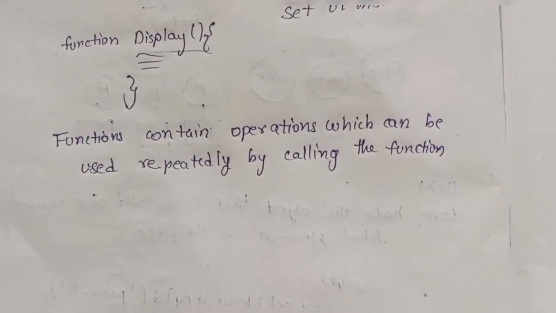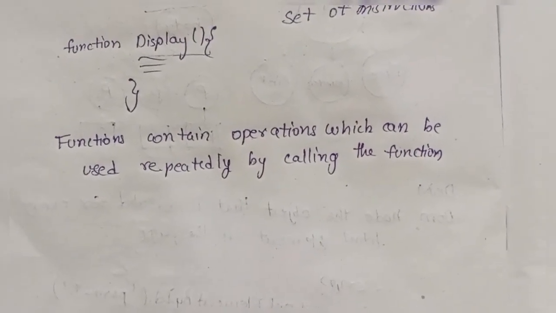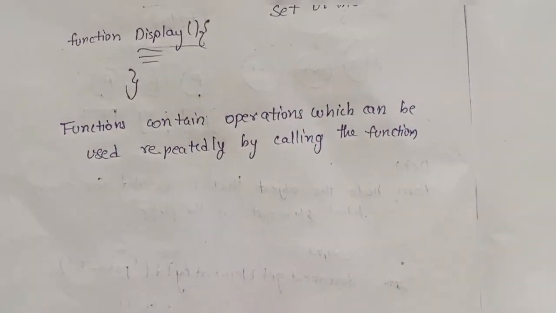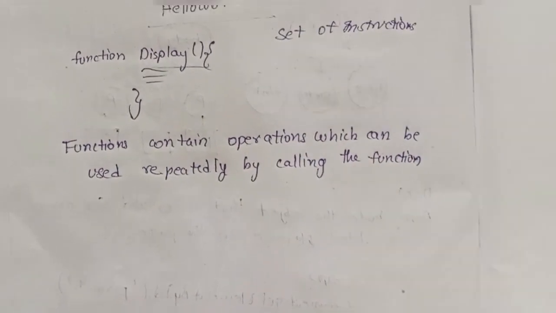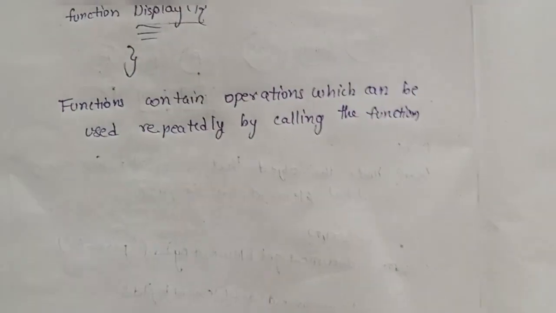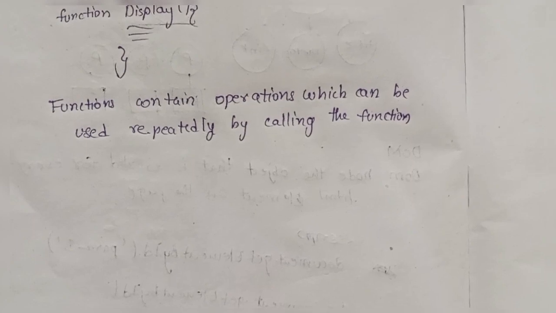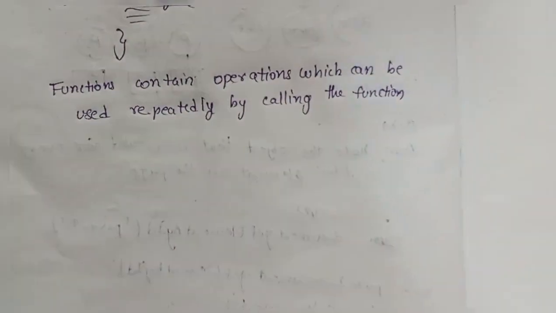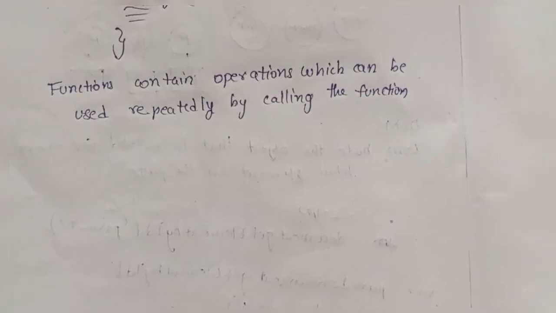Functions contain operations which can be used repeatedly by calling the function. So we have a set of instructions which we would like to call repeatedly in the application, and instead of writing those instructions repeatedly, you write them in a function and then you call the function.